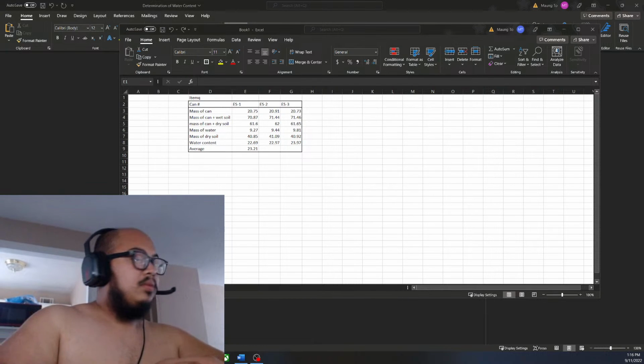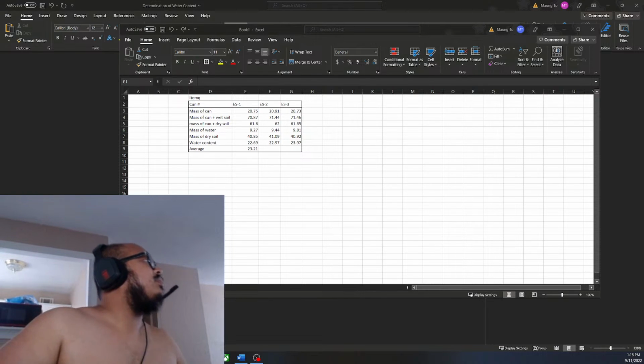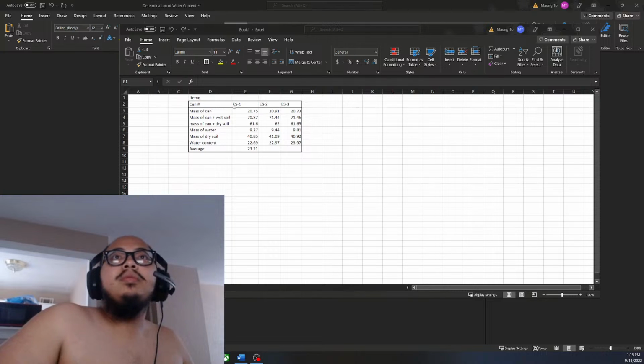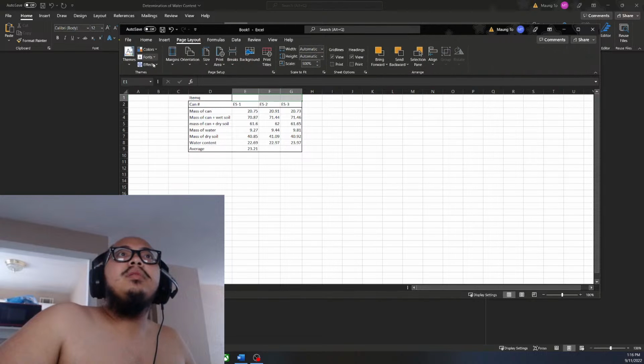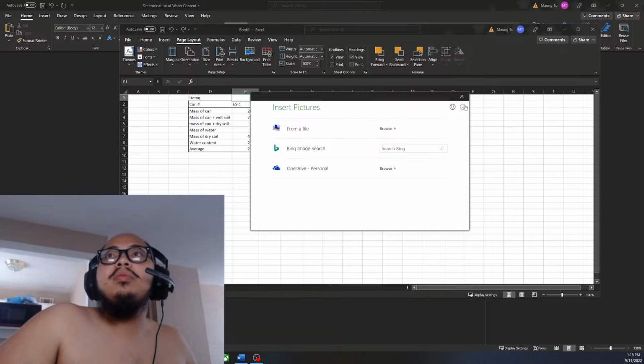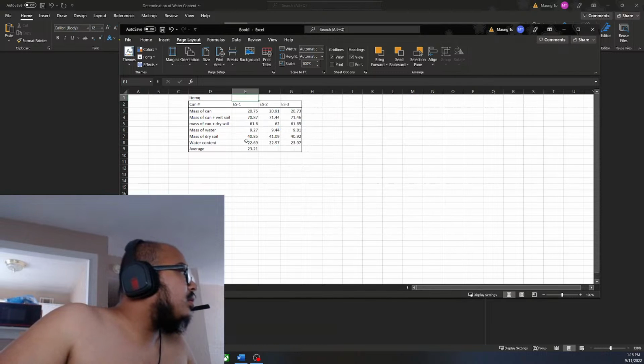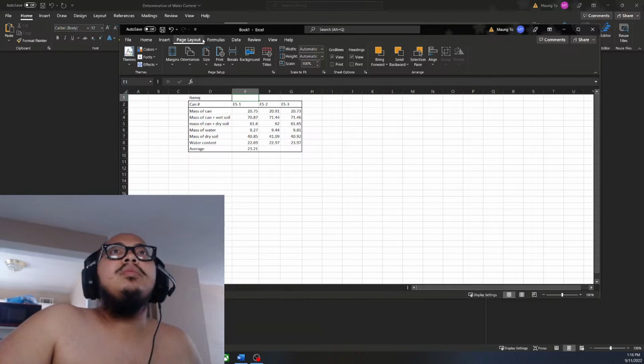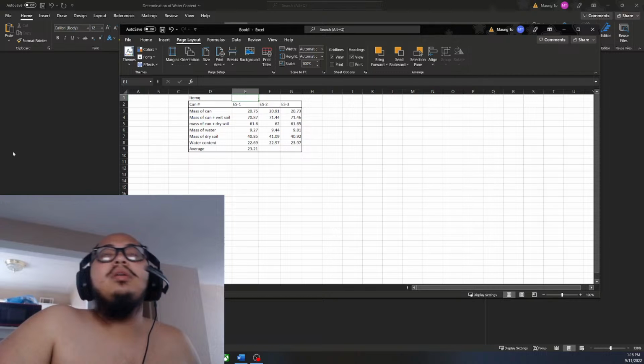How to white out Excel sheet. Oh, that's how you do it. Okay. Background. No. Where did I?